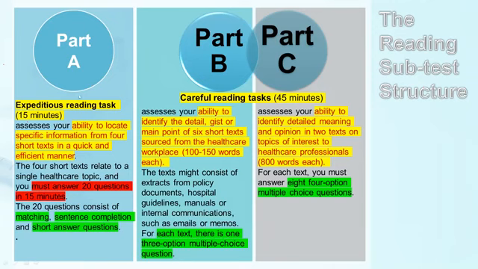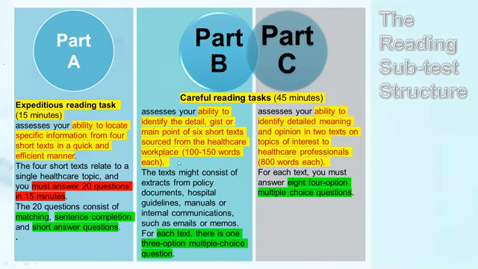After you finish this part, you will start a new setting or a new exam for the rest of the parts, part B and part C. And this will take about 45 minutes. Part B assesses your ability to identify the detail, gist, or main point of 6 short texts sourced from the healthcare workplace, with a word length of 100 to 150 words each.